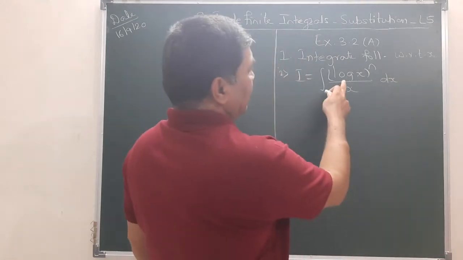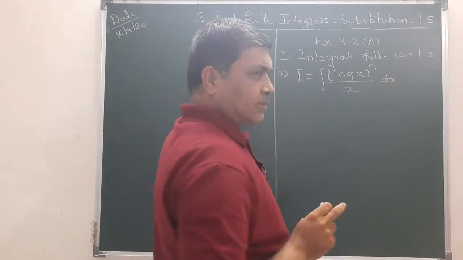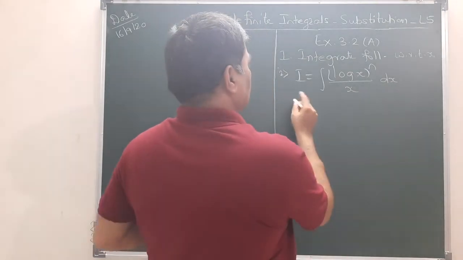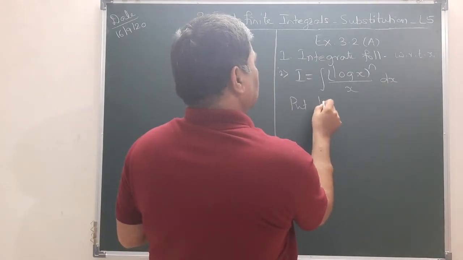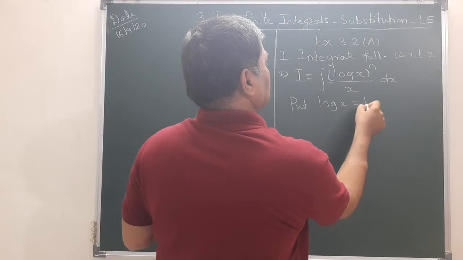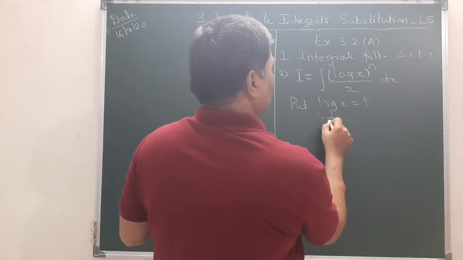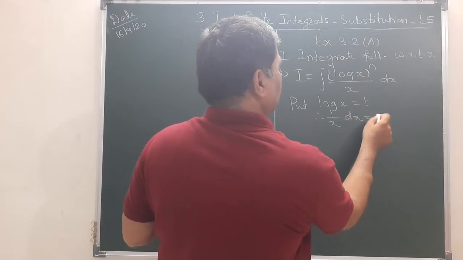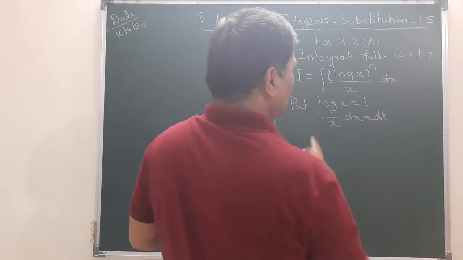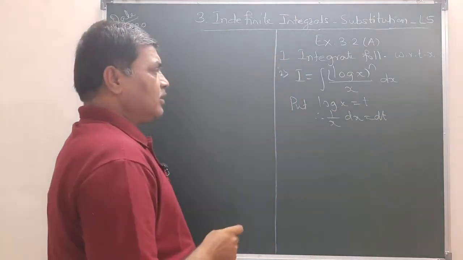Here we know that the derivative of log x is 1 by x. So put log x equal to t. Differentiating with respect to x, we get 1 by x dx equal to dt.